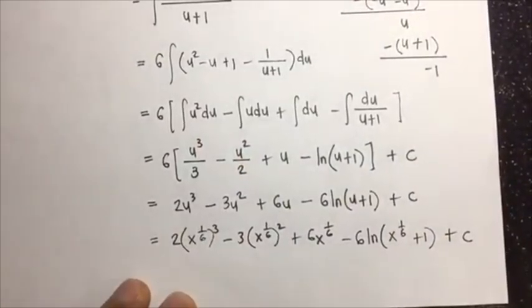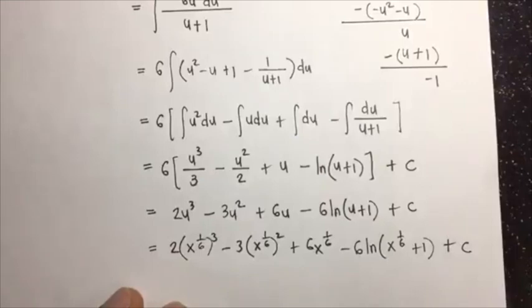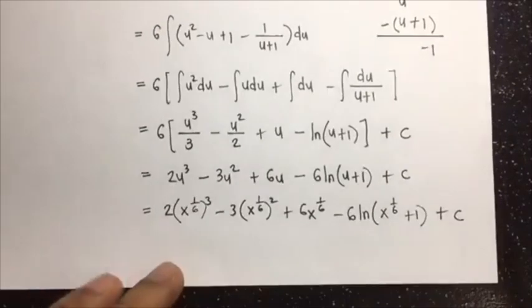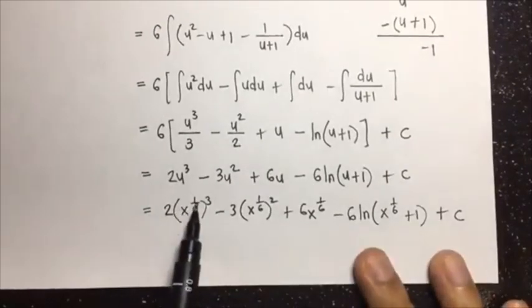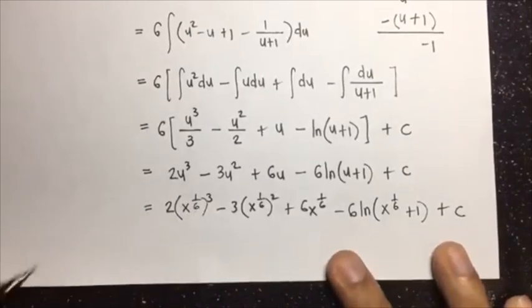We can simplify this. x raised to 1/6 cubed is equal to x raised to 3/6, and 3/6 is equal to 1/2.